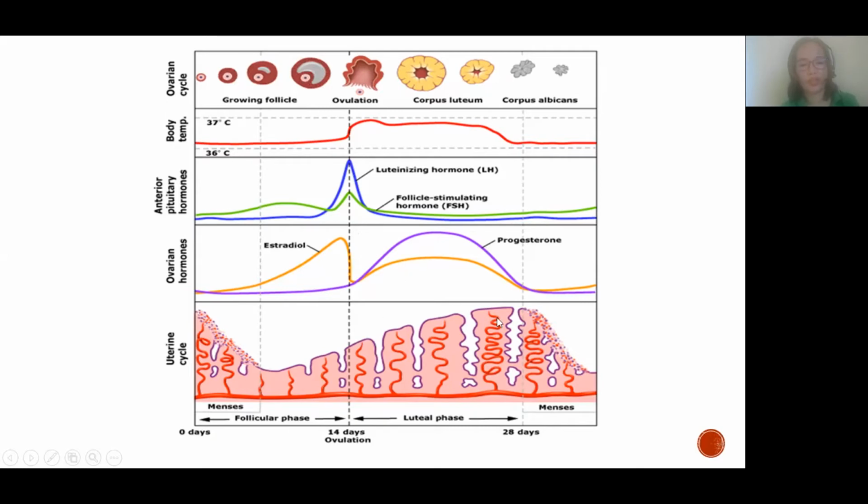And you see here the uterine cycle. Now, so what is actually happening in the uterus? Okay. So you see here the breaking of the uterine lining. You see that it's growing. It becomes thick. And then again, it detaches, it breaks, and then bleeding happens.